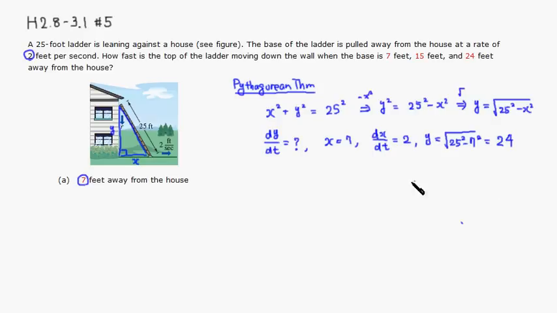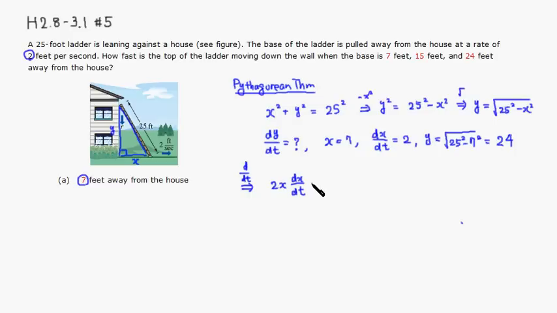The rest is pretty simple. Start with this equation and take the derivative with respect to t. The derivative of x squared is 2x, but since we're taking a derivative with respect to t, not x, we have to multiply by dx over dt.